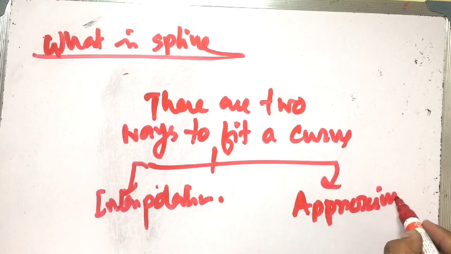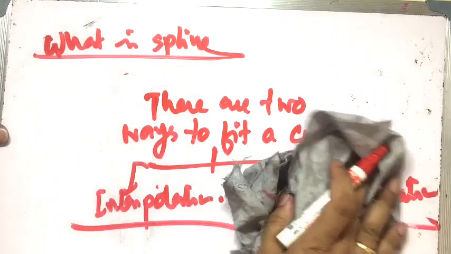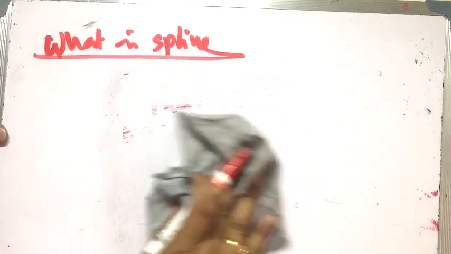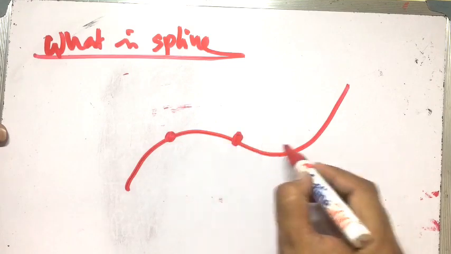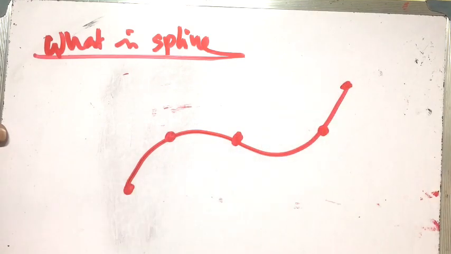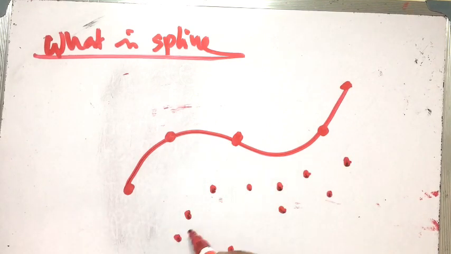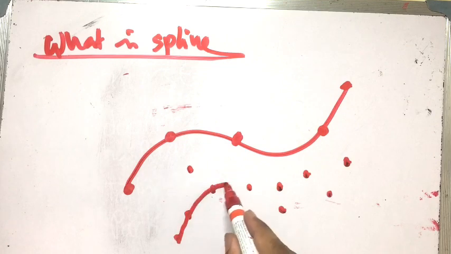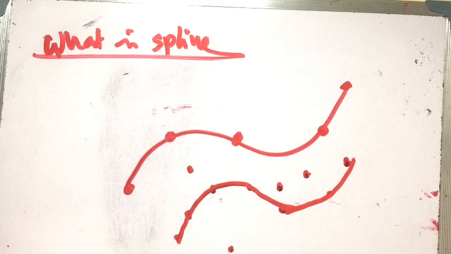In interpolation, all points are fitted to the curve. Suppose this is the curve and all the points pass through the curve. This is interpolation. And suppose these are the points, we have to fit a curve, and some points remain unfitted. This is known as the approximation method.